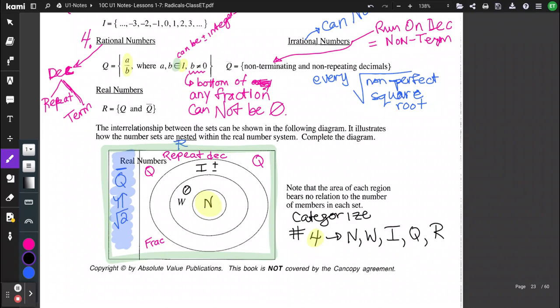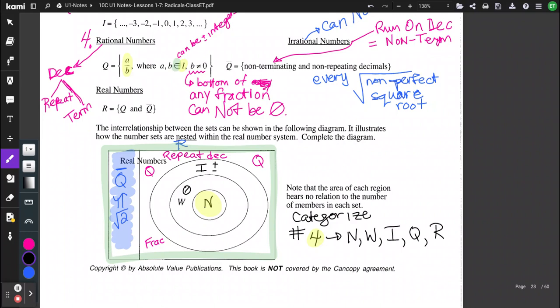So it would be part of 5 number systems. Okay? Natural, whole, integer, rational, and real. There's only 6 systems. The only one it's not in is the irrationals where pi is. Okay? So it's not going to be over there. So that's how we would categorize where they belong.